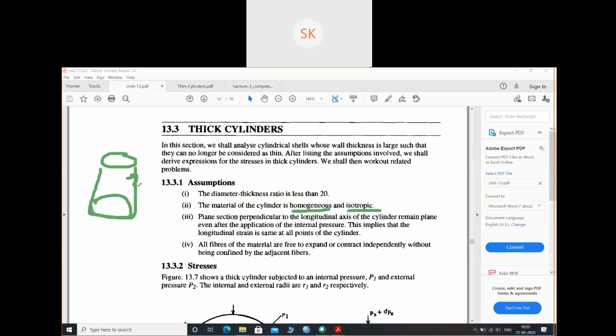That means your section will remain the same whether or not you apply pressure. Also, all fibers of the material are free to expand or contract independently without being confined by the adjacent fibers.